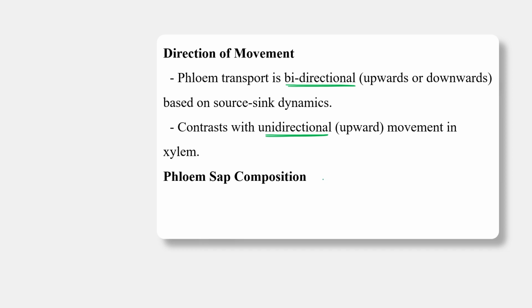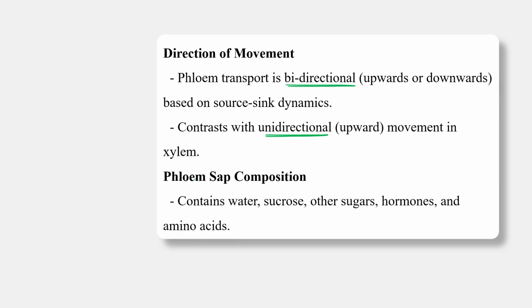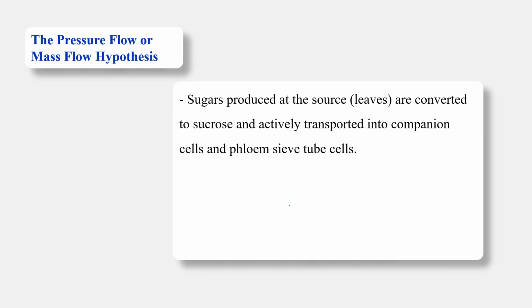Okay, phloem sap composition. This phloem sap contains water, sucrose, and some other sugar molecules. Certain kinds of hormones and amino acids are also present in the phloem sap. Now, the pressure flow or mass flow hypothesis.